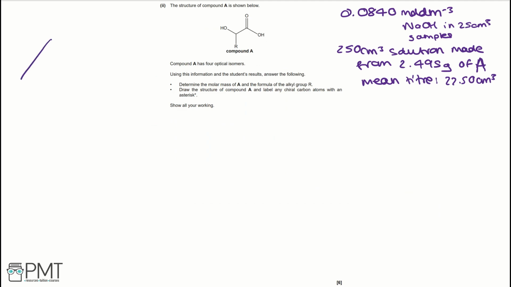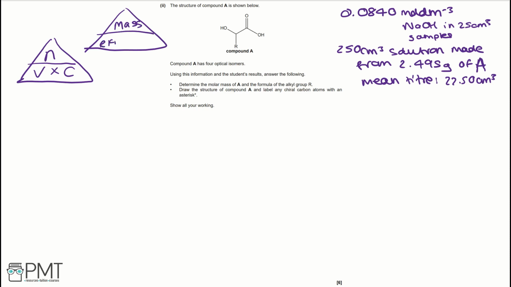We're going to use 2 equation triangles in this question. The first being Nigel's very clever, where we can work out number of moles, the second being mass over RFM times moles. And that will give us the molar mass of A, which is another way of saying RFM. So if we start by taking the concentration of NaOH, 0.084, and multiplying this by the mean titer of 22.5 times 10 to the negative 3, because we want it in decimeters cubed.